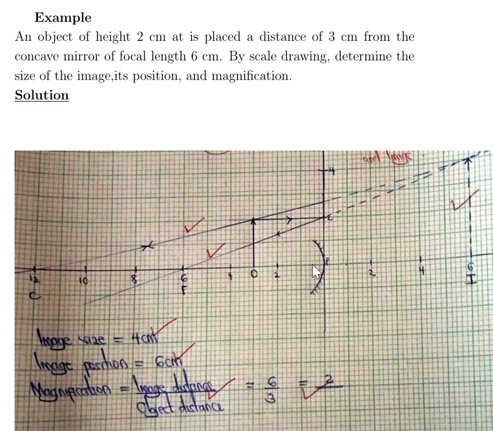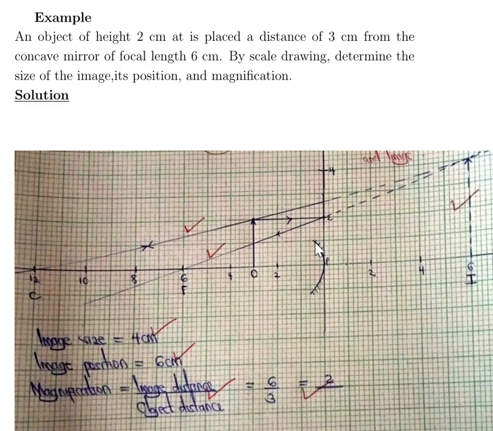Along the vertical axis, the same thing. I have 1 centimeter to represent 1 centimeter. Here I'll have 1, 2, 3, and 4. Now I go back to the position of my object. My object is placed at 3 centimeters from the pole of a concave mirror.